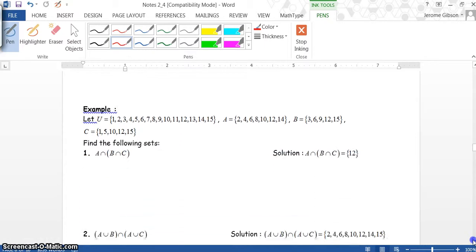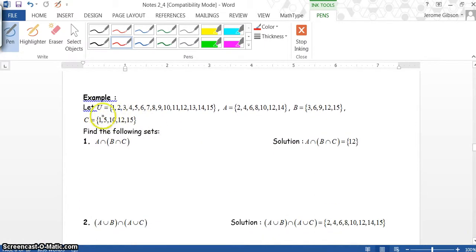Now we go here to the example. We've got the universal set, which here is 1 through 15. And we have sets A, B, and C. It says find the following sets. Now we could do this one of two ways. We could write out the Venn diagrams for all of these values, or we could solve this by looking at the values that we have presented in front of us.